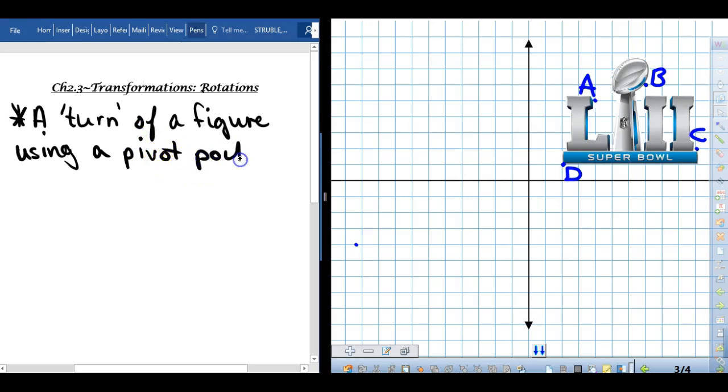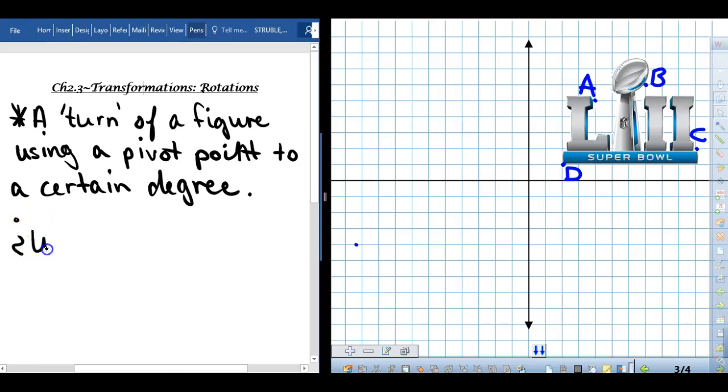Okay, so it uses this pivot point, and that pivot point helps it rotate to a certain degree. But what happens when we rotate? What happens to these figures when we rotate them?